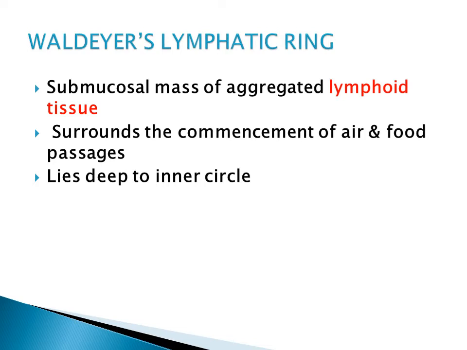The superficial group has an outer circle, which is called the pericervical collar, and an inner circle. We have completed the pericervical collar or outer circle group. Now we are talking about the inner circle, which is also part of the superficial group of cervical lymph nodes.